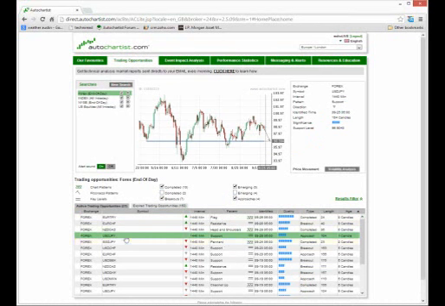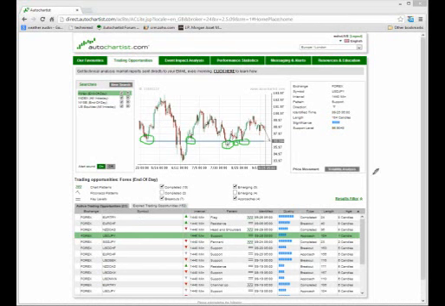For example, this is a support level identified on end-of-day candles on US dollar Japanese yen. You can see quite clearly that Autochartist has identified a support level which had quite a number of touching points in the market.